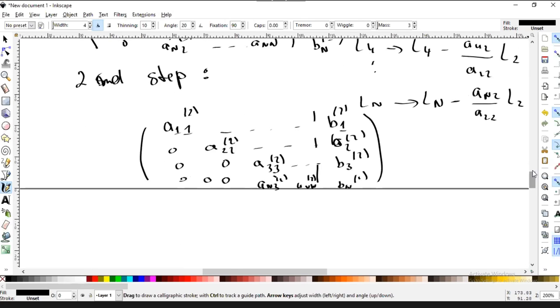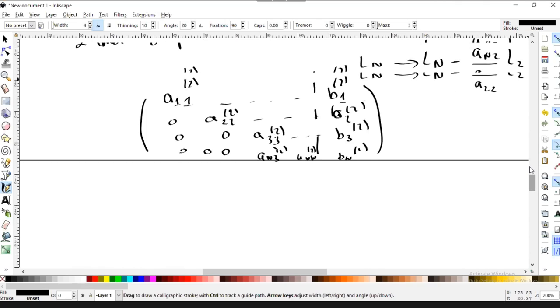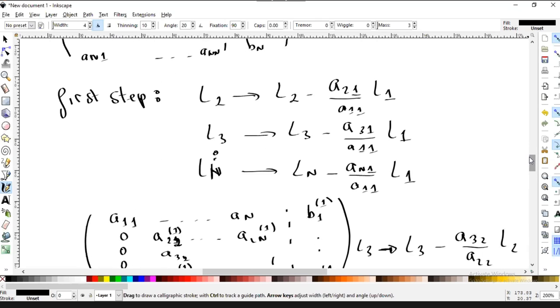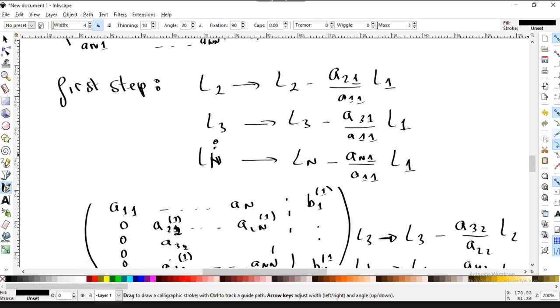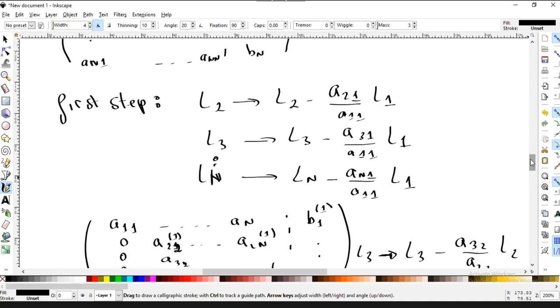For the second step, you start from line 3 till n, etc. So at the step k, you start from the line k plus 1 till n. So this is the first indication here.